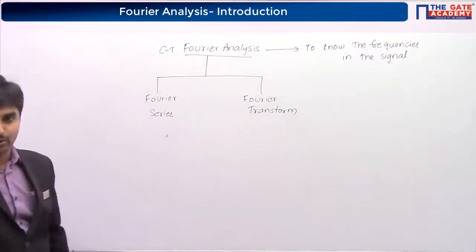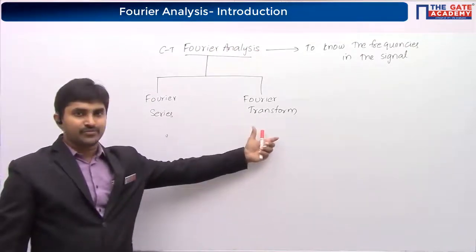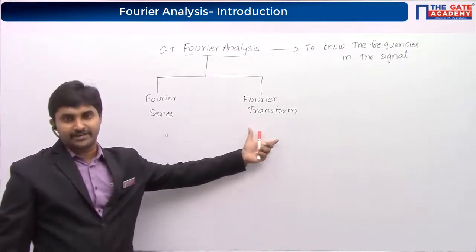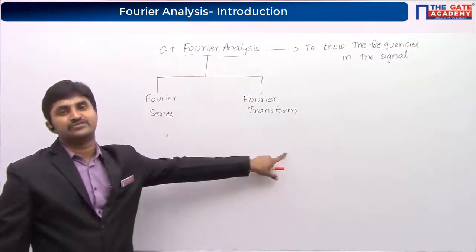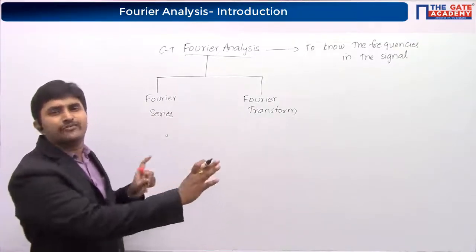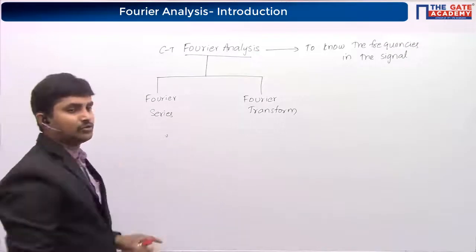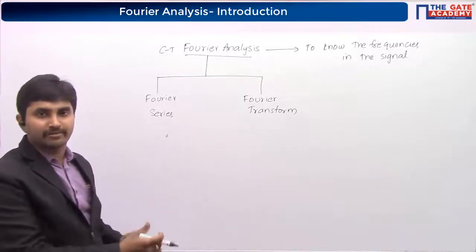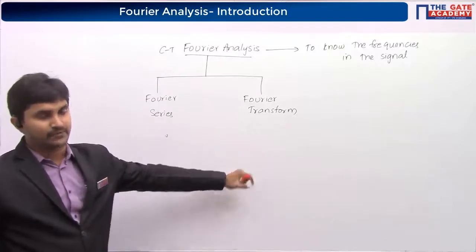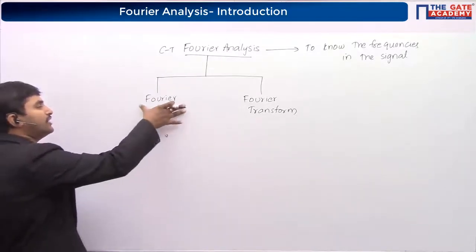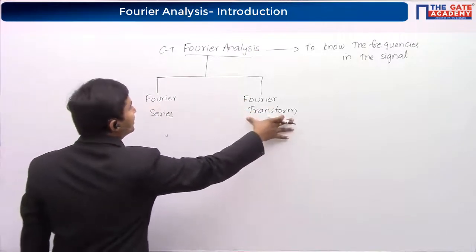Later we will come to know that both of them are very similar. Fourier transform is only the manipulation or extension of Fourier series. If you see the formulas, you will feel that they are two different tools, but if you understand the mathematics, you will see that it is just the extension of Fourier series. So we will start with Fourier series, and then we will go into the Fourier transform.